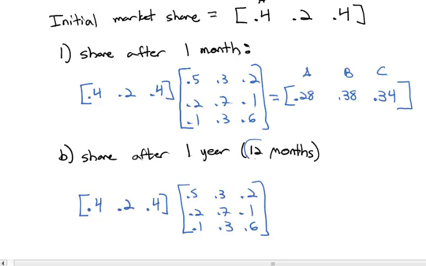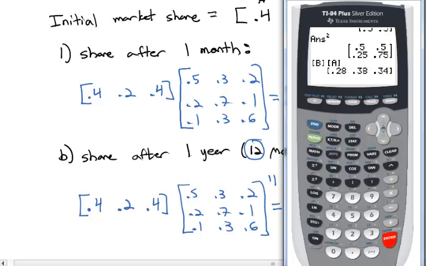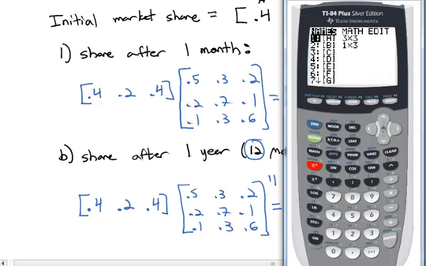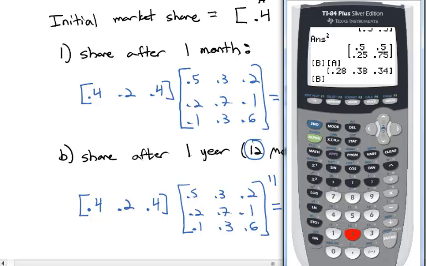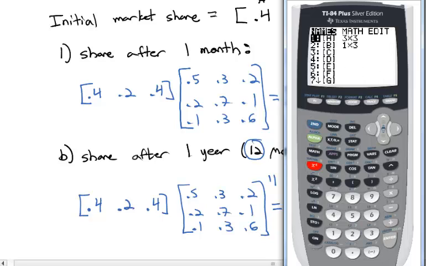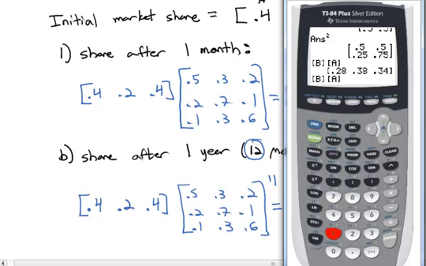Remember, 1 less than the number of months, 11 times. So B was our initial market, times the transition matrix, which we put into A. We're going to do that 11 times, so we'll use the exponent key above the divide 11 times.